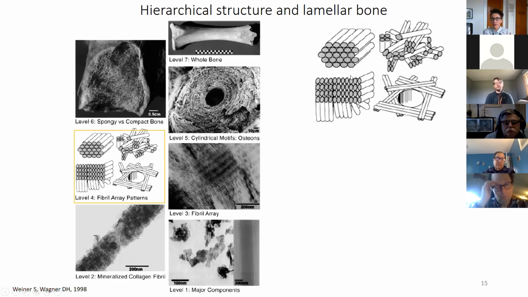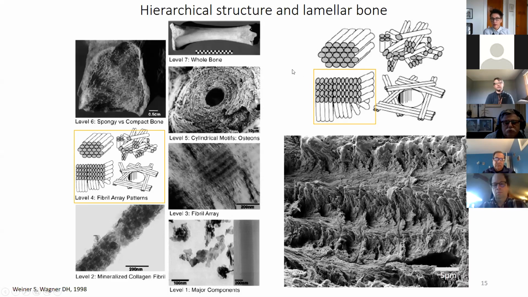Of all these types of tissues, the most common one is this one in the yellow frame, so-called lamellar bone. As the name implies, lamellar bone has a plywood-like structure. If you break a specimen and look at the fracture surface using an electron microscope, we will see that indeed mineralized collagen fibrils stick out of the fractured surface at different angles.